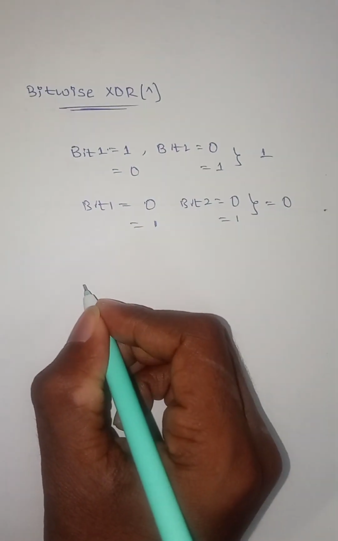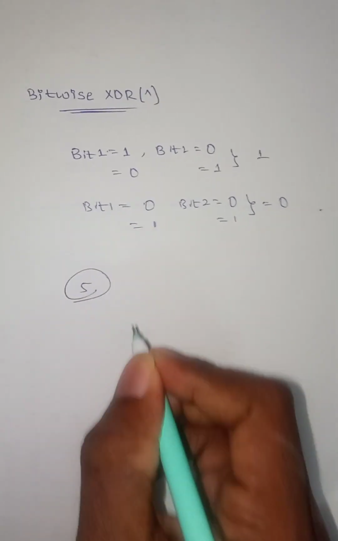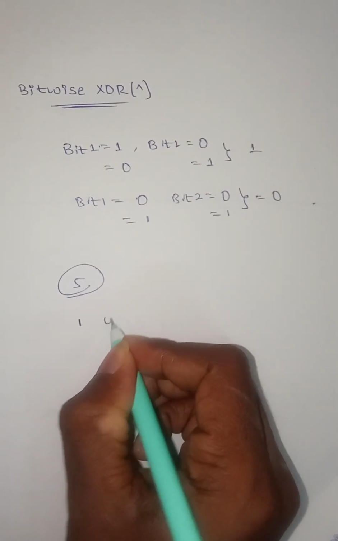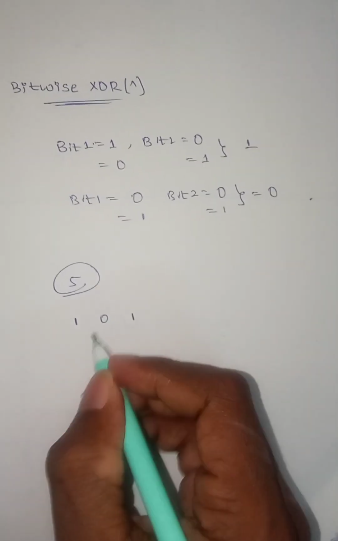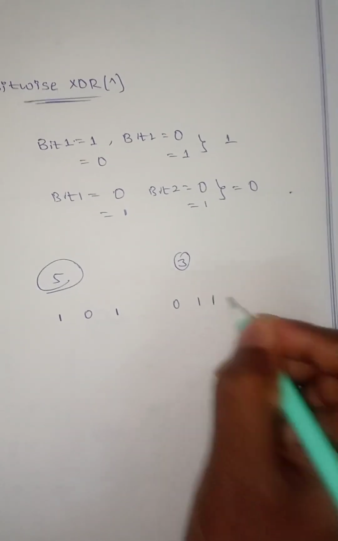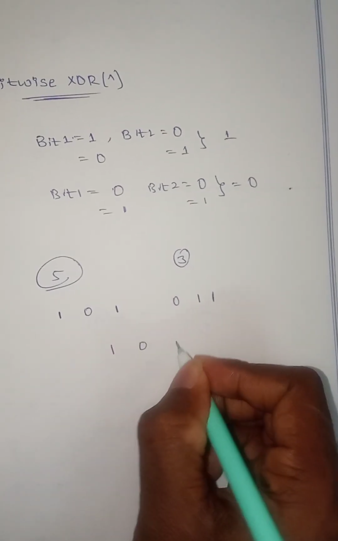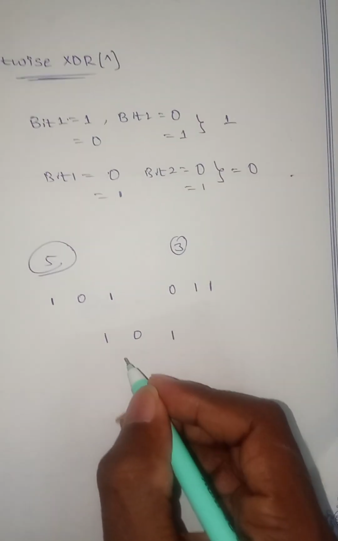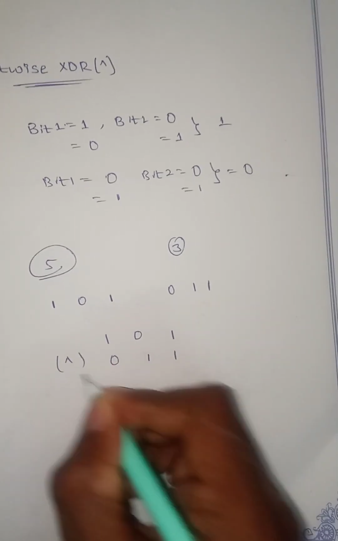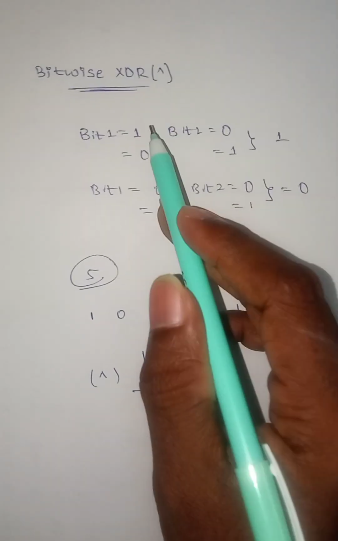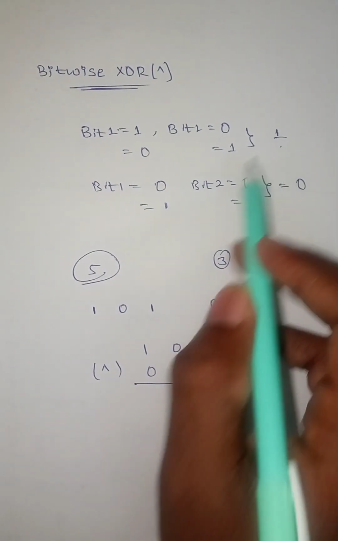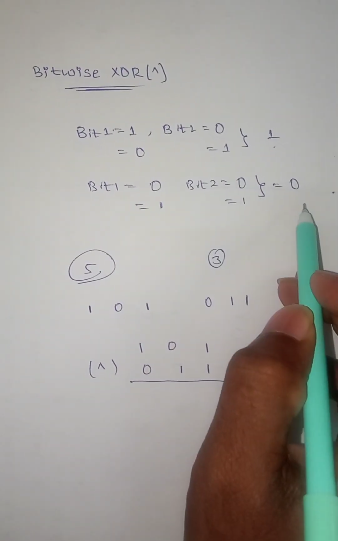Suppose we take the bit representation of 5, that is 1 0 1, and the bit representation of 3, that is 0 1 1, and perform the XOR operation. In the XOR operation we have seen that if any one of the bits is 1, then the output would be 1, and if both the bits are the same, the output is 0.